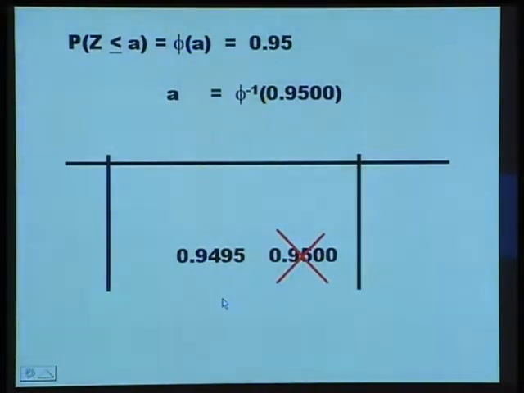and we find that such a value is 0.9495. As in the previous example, we'll read horizontally to find the value which we need to add to 0.9495 in order to get 0.9500.